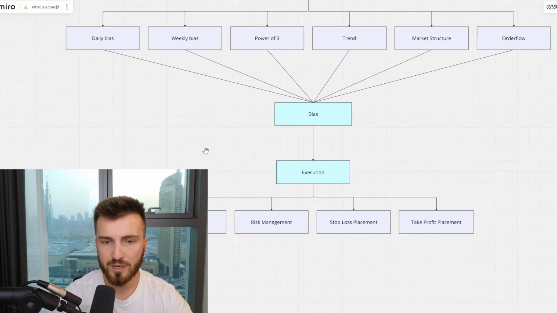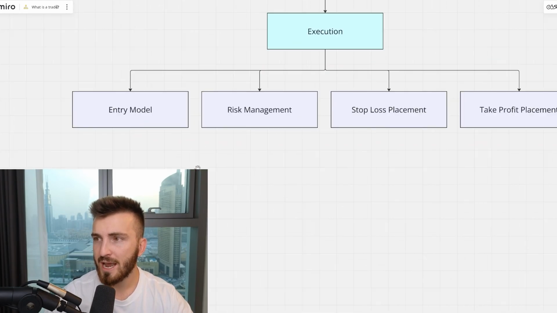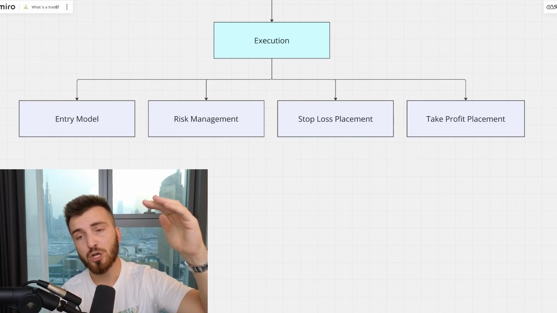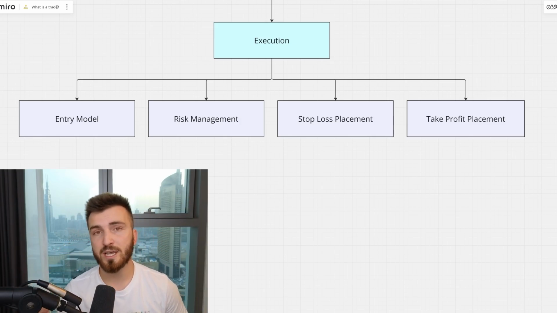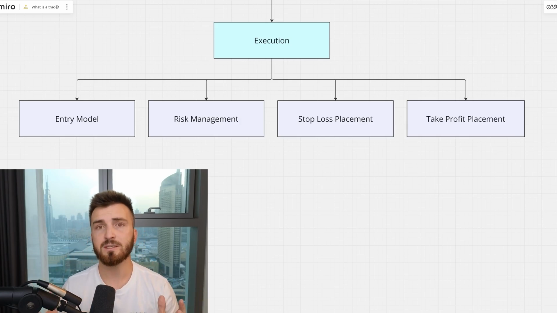And then it's all about the execution. And in the execution, what you will need is your entry model, good risk management, knowing where to put your stops, and knowing where to put your take profit. So can you see how the execution is the easy part of this whole system?